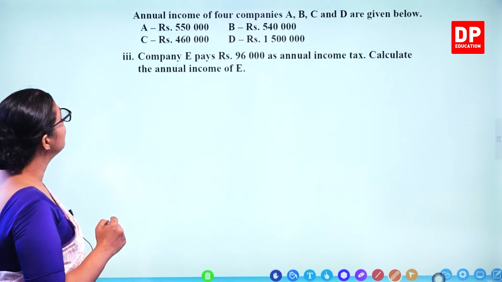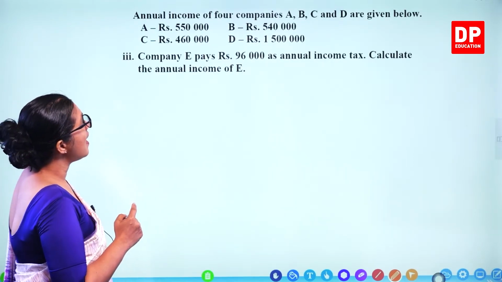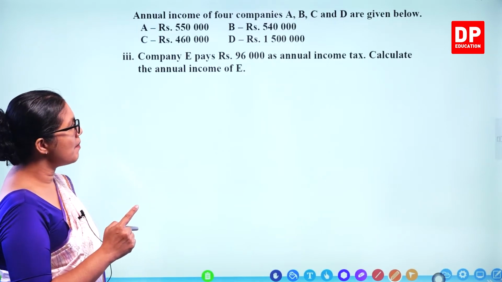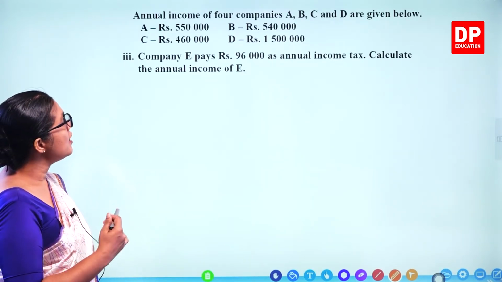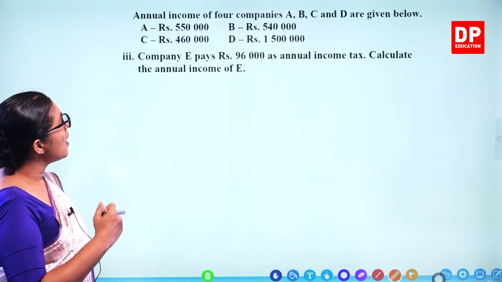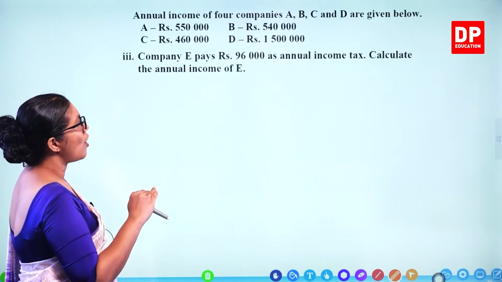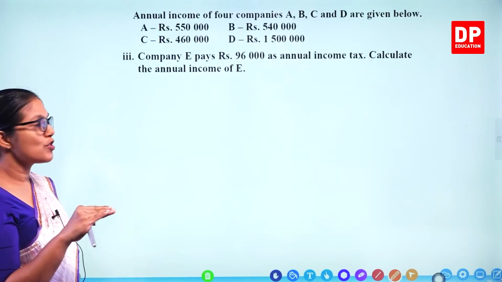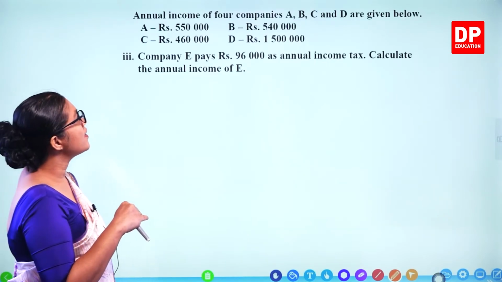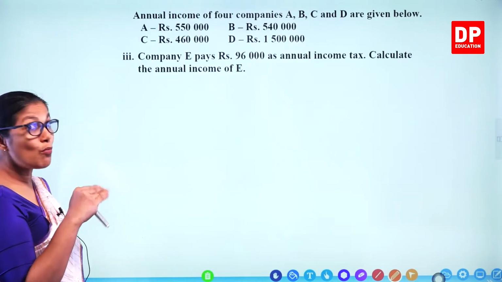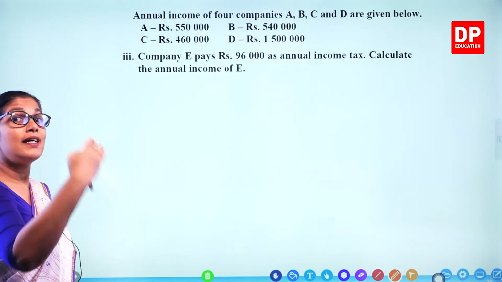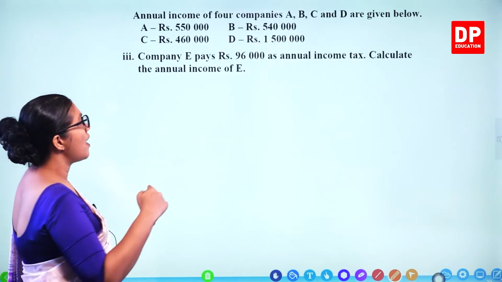Next part. Company E pays 96,000 as annual income tax. Calculate the annual income of E. So we need to find out what are the breakdowns. Now we found out first 500,000, 20,000, second 500,000, 40,000. So altogether 60,000. So this is more than 60,000, which means the third part also we have to calculate.